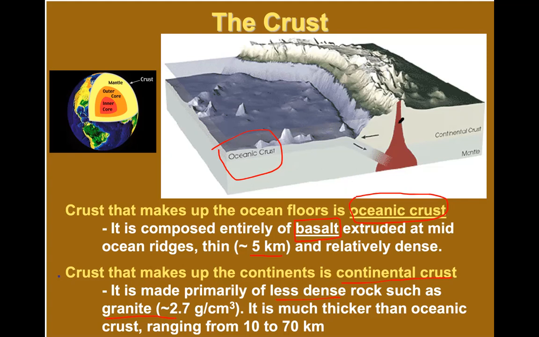Since it is less dense than the oceanic crust, it always tries to stay on the top. For example, if you have a place where these two crusts are meeting together, like a continental marginal place, what happens is that the oceanic crust, being denser, always tries to sink beneath the continental part, right?